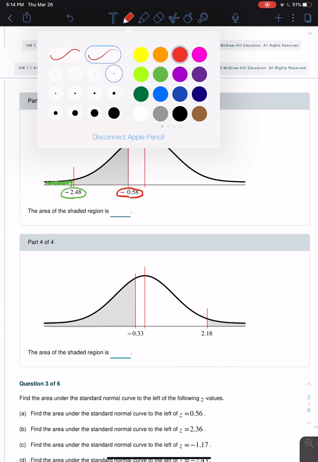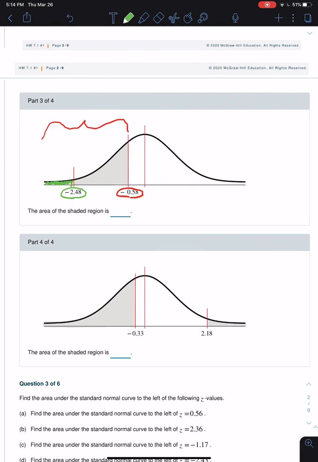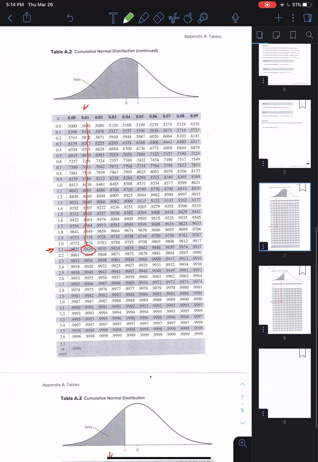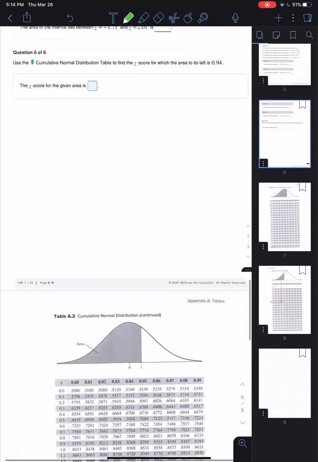Let me go to my green. Okay, I think it was that green. And negative 2.48 is the number we're looking for. Negative 2.48. Oops, this is positive. Oh boy.